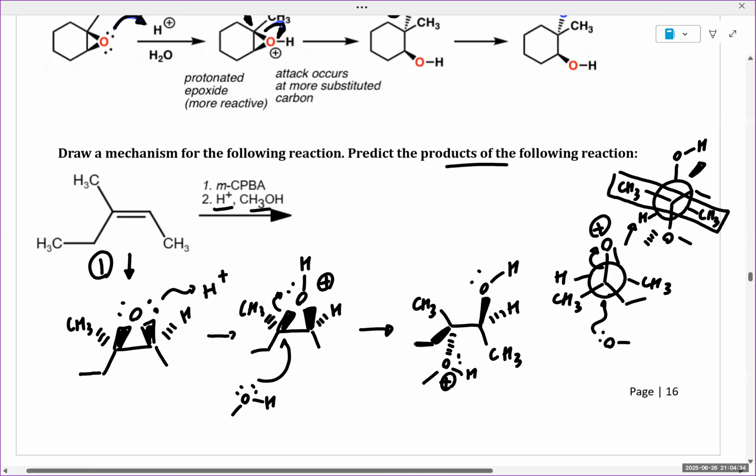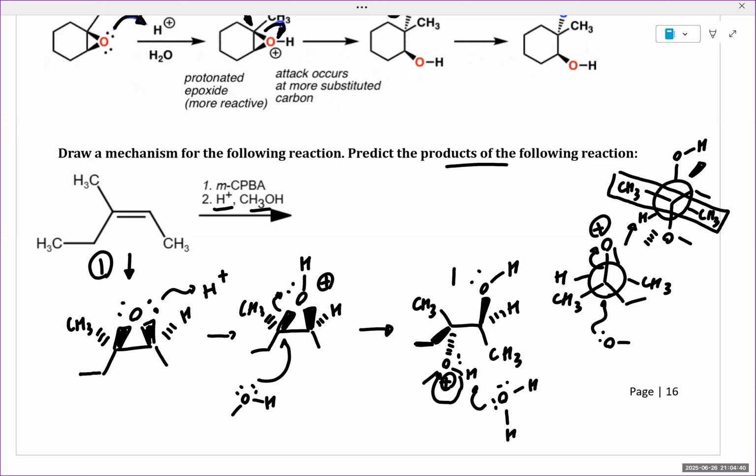So, as one last cleanup step, after epoxide opening, we're just going to pull off this proton, and that generates our neutral alcohol product. So as you see, we had a Z alkene in this case.